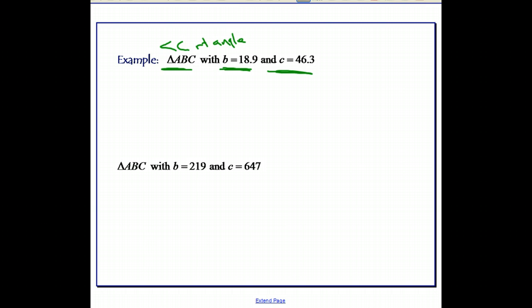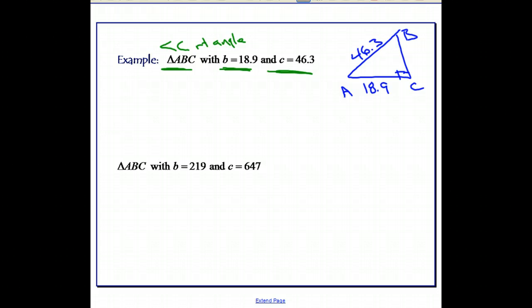So let's sketch a little picture of that over here. We've got our right triangle. Here's side C, and here's A. Here's B. Side C is 46.3. And then side B is 18.9.